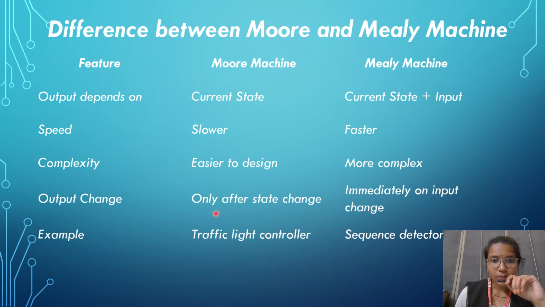In Moore machines, output changes only after state changes. In Mealy machine, output changes immediately on input change. So if input changes, the output changes immediately. In Moore machine, the example is traffic light controller. For Mealy machine, sequence detector.